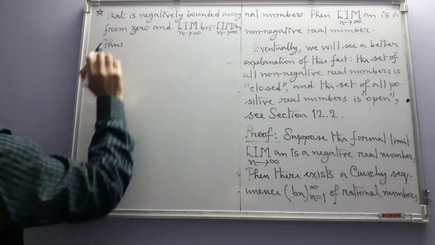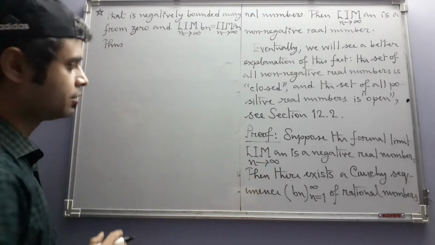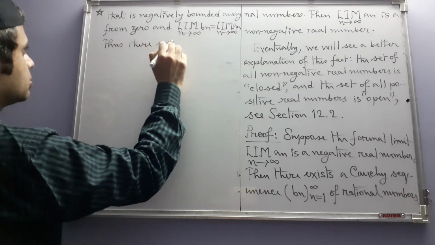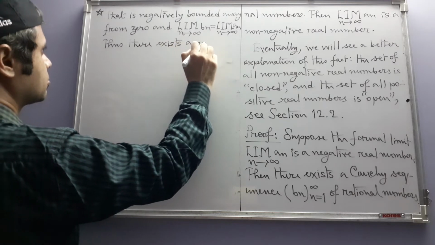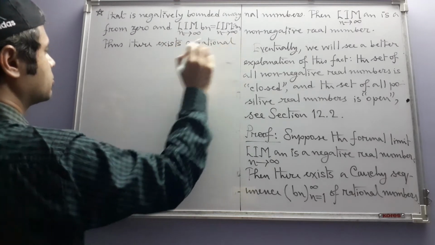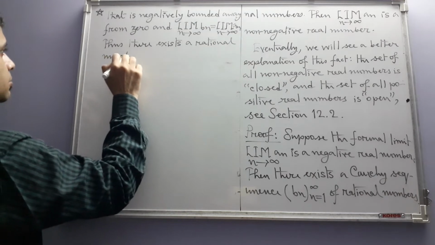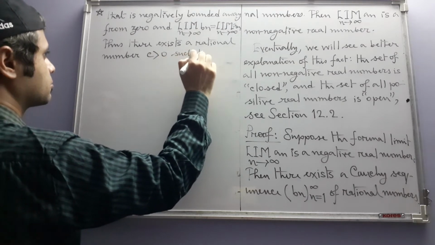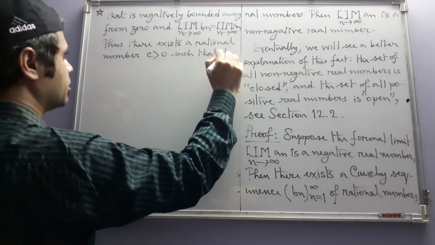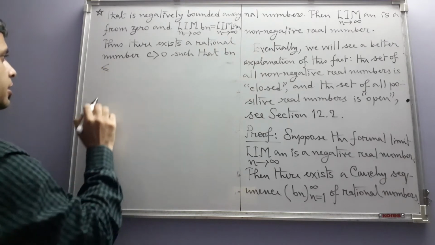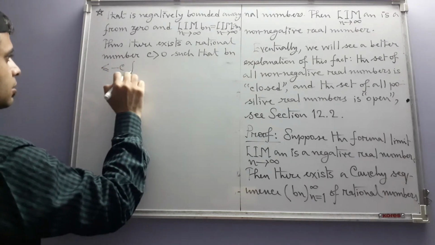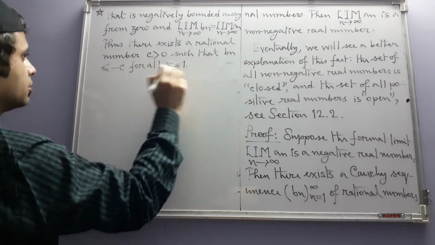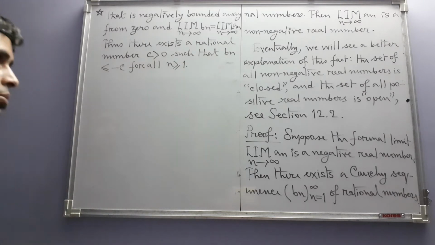Thus, because this sequence is negatively bounded away from 0, there exists a rational number, a positive rational number c, such that Bn is less than or equal to minus c for all integers n greater than or equal to 1.